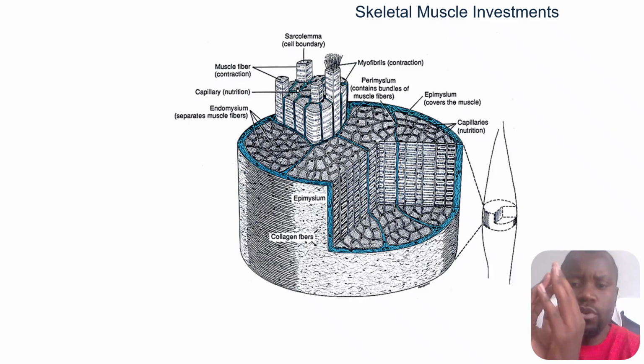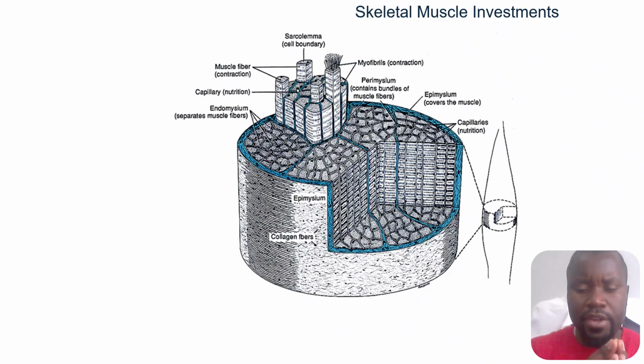Then the fascicle is the result of the covering of muscle fibers in a group by perimysium. And then the entire organ, made up of different fascicles, is covered by epimysium.